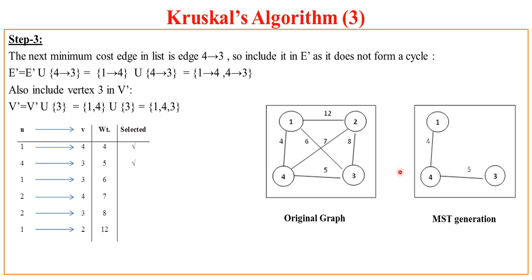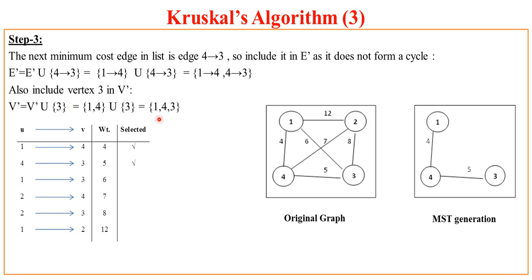Now we'll try to include this edge with this minimum weight in the tree, and as this edge 4, 3 doesn't form any cycle, so that is included in the set E dash of the T, and at the same time as we see that 3 is not included in the V dash, so we'll add that vertex 3 in V dash of the T.